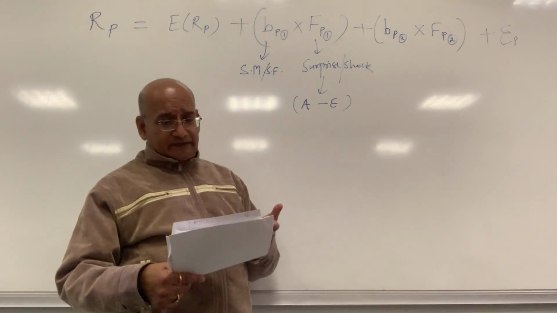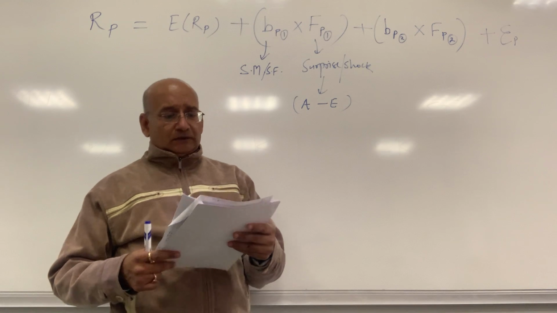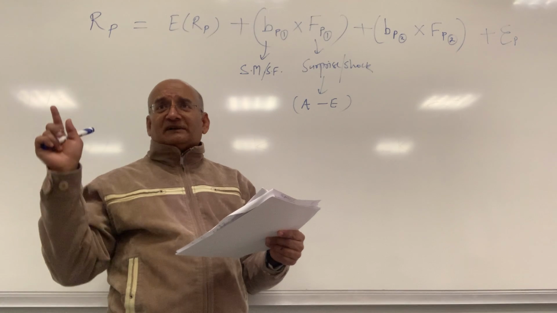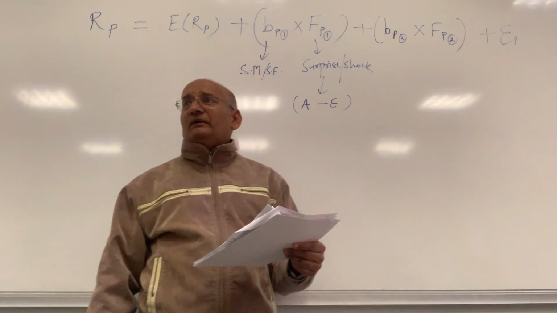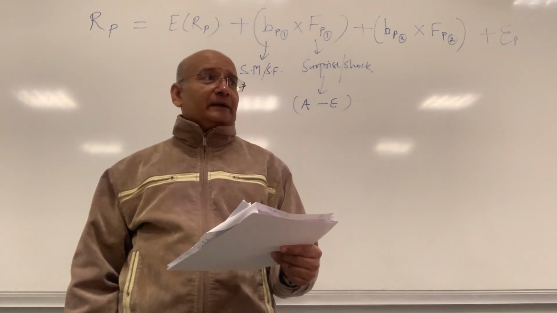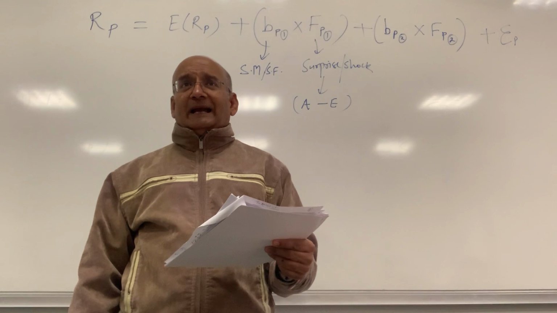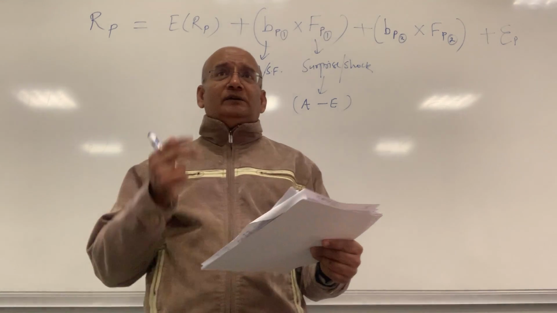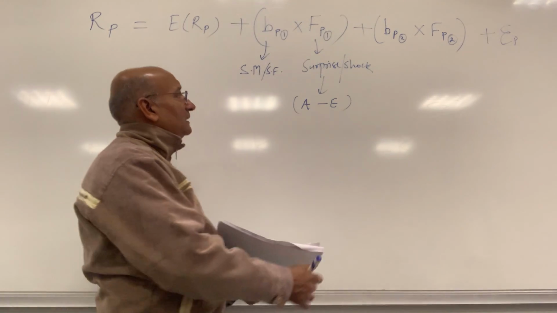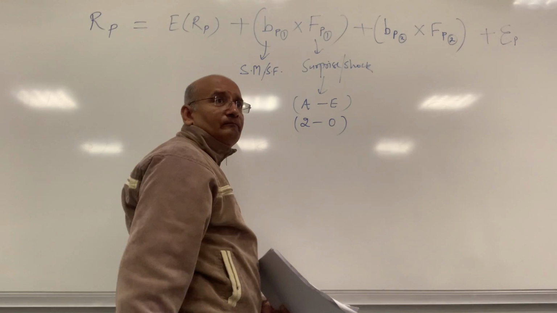So suppose in the question, if you look, changes in interest rate, it was expected 0%. Means people were expecting that there will be no change in interest rate. And suddenly what happened? There was actually a change in interest rate by 2%. Okay? So we have to consider the difference of actual minus expected here.